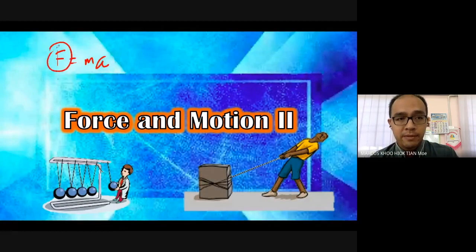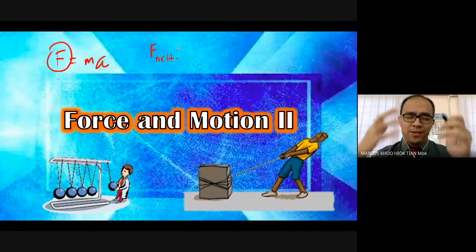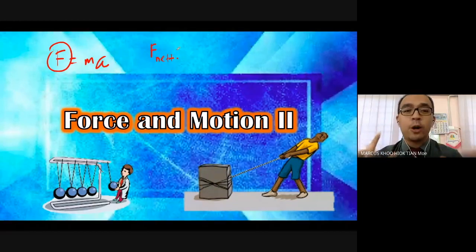And this force obviously is not just one force, but we call it a net force. It is the sum of all the forces that are involved in moving an object.